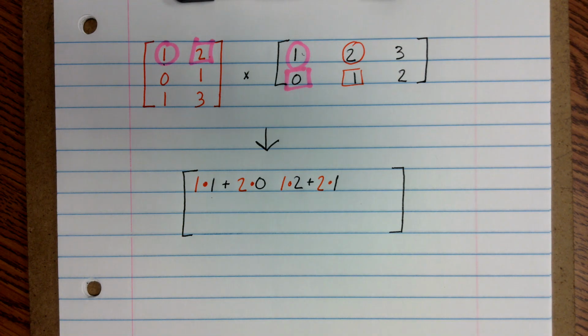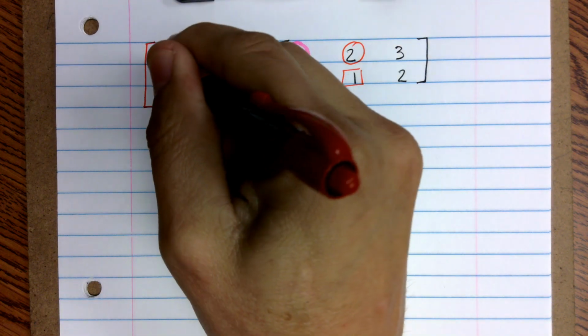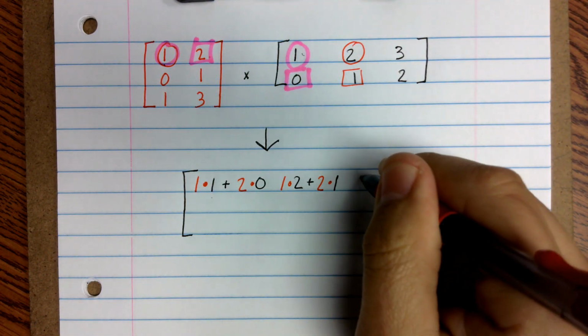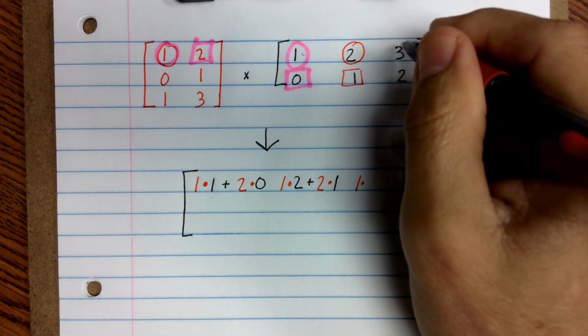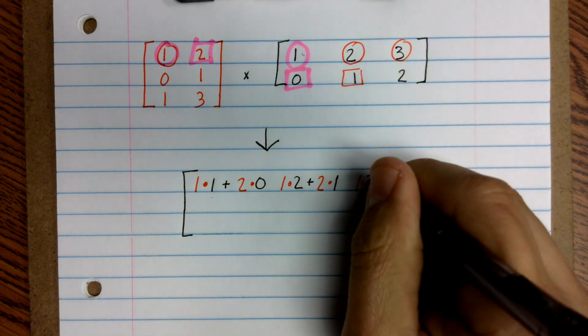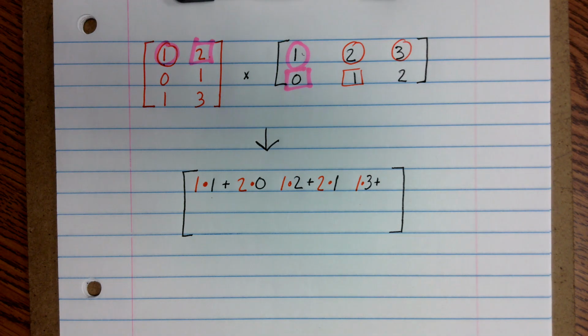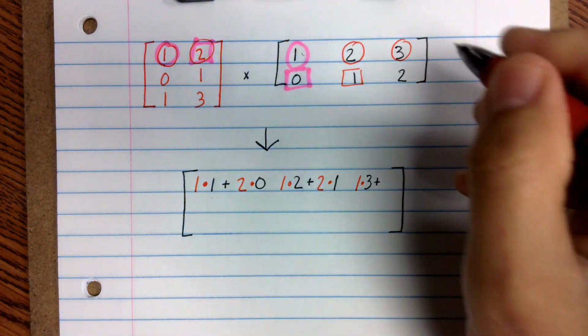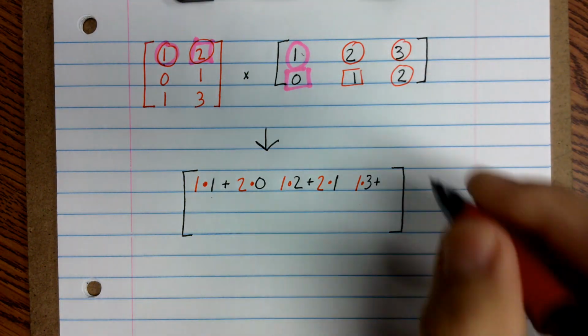So once again, I'm going to go over. This time I'm just going to circle it with my pen. We have 1 times 3 plus 2 times 2.